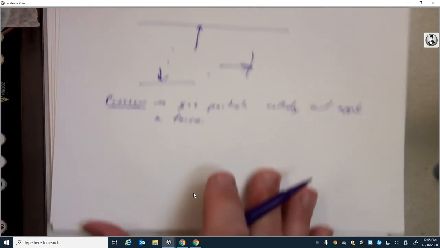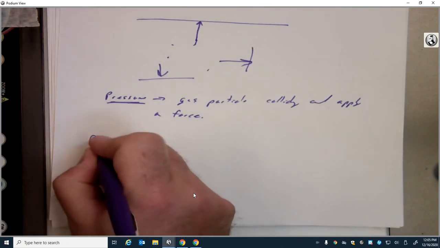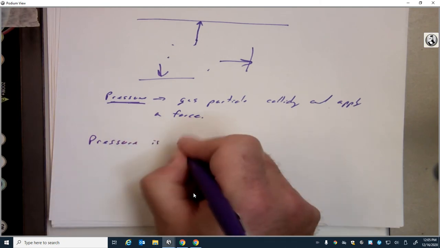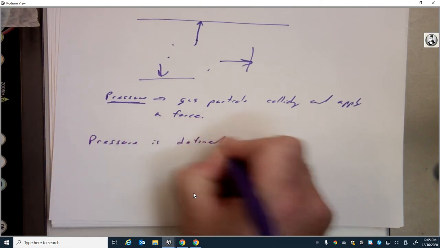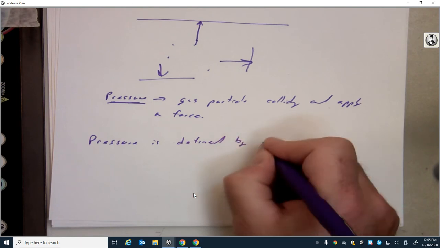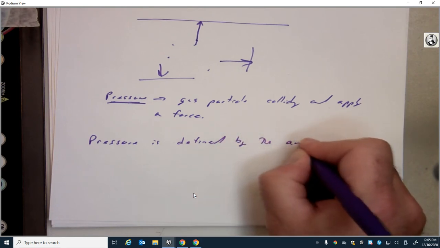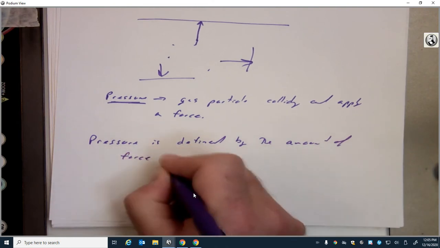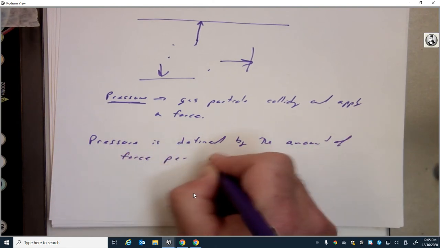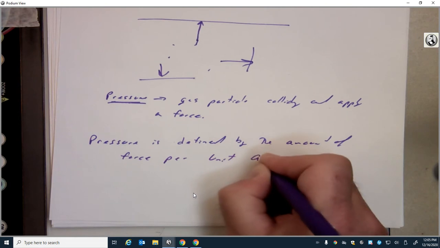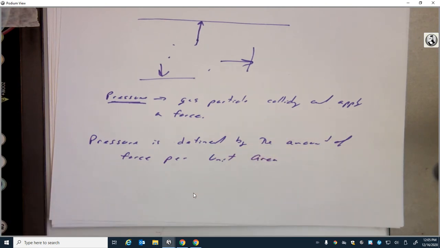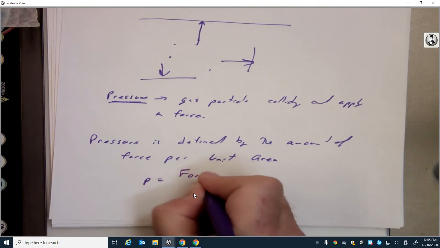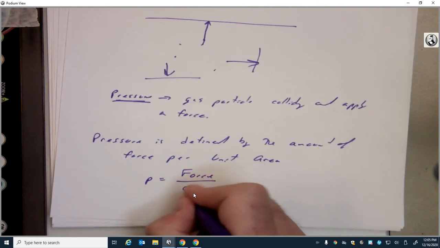Now, pressure is defined by the amount of force per unit area. So pressure equals force over area.